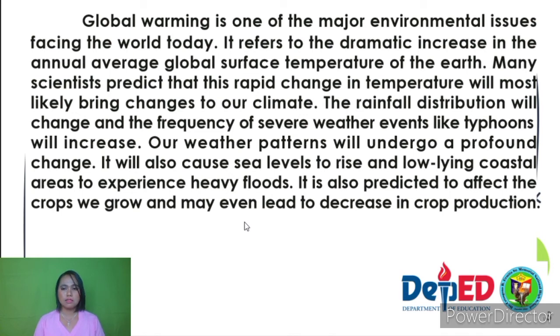The rainfall distribution will change and the frequency of severe weather events like typhoons will increase. Our weather patterns will undergo a profound change. It will also cause sea levels to rise and low-lying coastal areas to experience heavy floods. It is also predicted to affect the crops we grow and may even lead to a decrease in crop production.